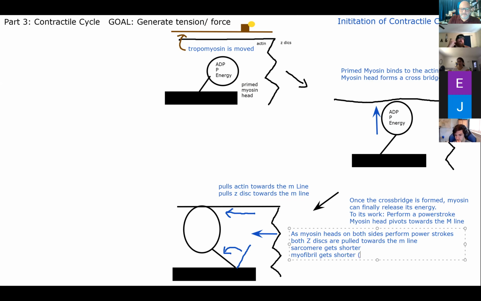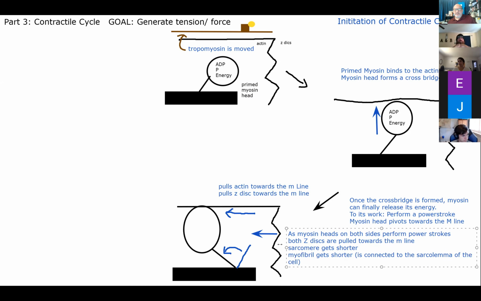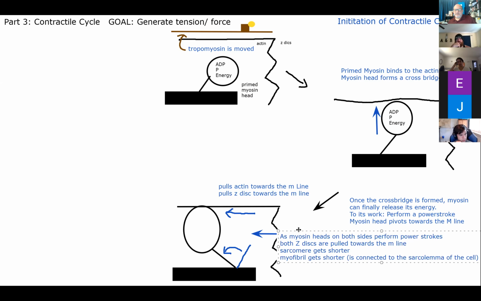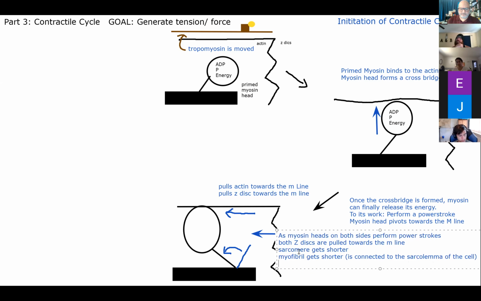And of course, my myofibril with those structural proteins is connected to the sarcolemma of the cell. So if my myofibril gets shorter, what happens to my muscle cell? Gets shorter.